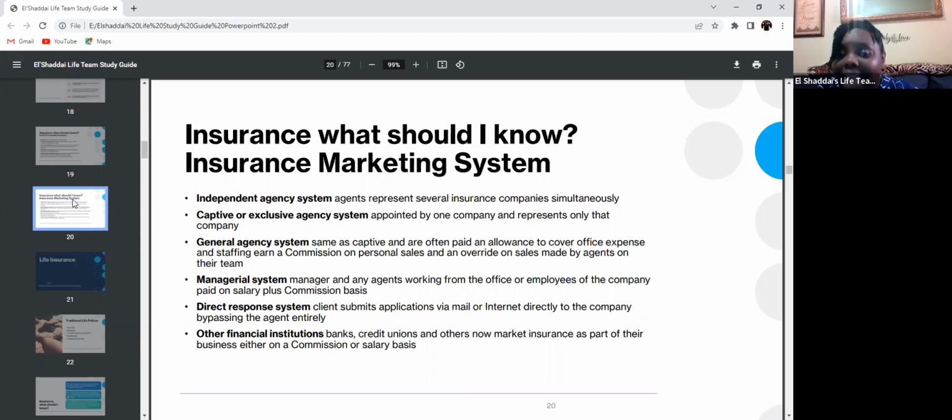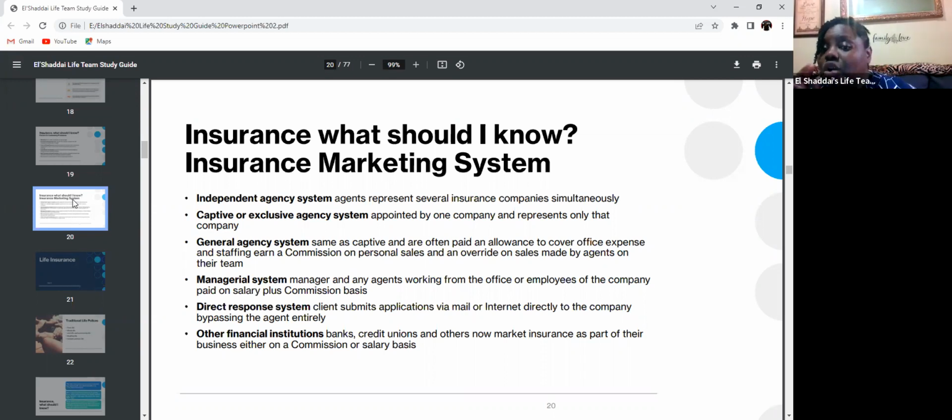Captive or exclusive agency system: appointed by one company and represents only that one company. Independent represents several companies simultaneously.